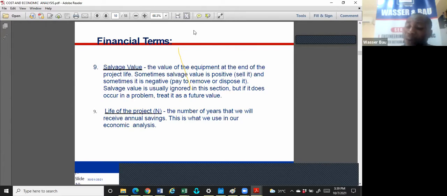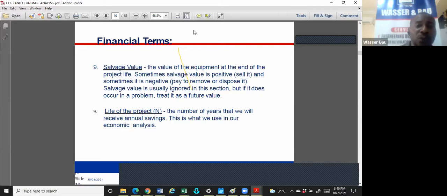But in most calculations that we do, we usually ignore the salvage value. We assume that at the end of the project, the salvage value is 0. So in most projects we undertake as engineers, the salvage value is usually 0. When you buy something, at the end of its lifespan, you cannot sell it again because you have already exhausted every value in it. And sometimes we will have to pay somebody to come and take it out of our compound.